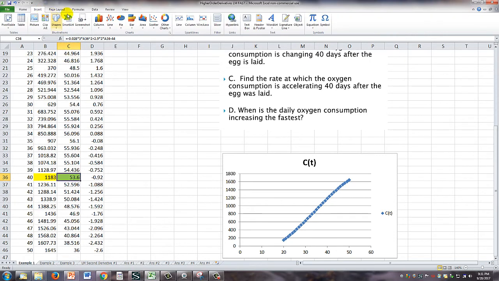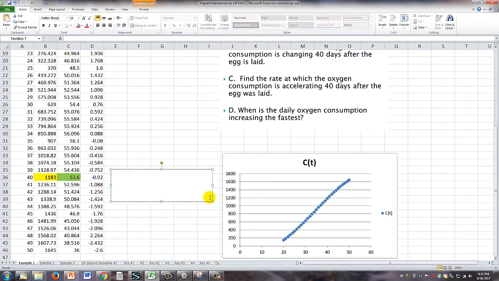And so the way you would interpret that is, at 40 days, the oxygen consumption level is, since this is positive 53, it's increasing at a rate of 53.6. The Y units are milliliters per, the X units are days, per additional day, or per day.